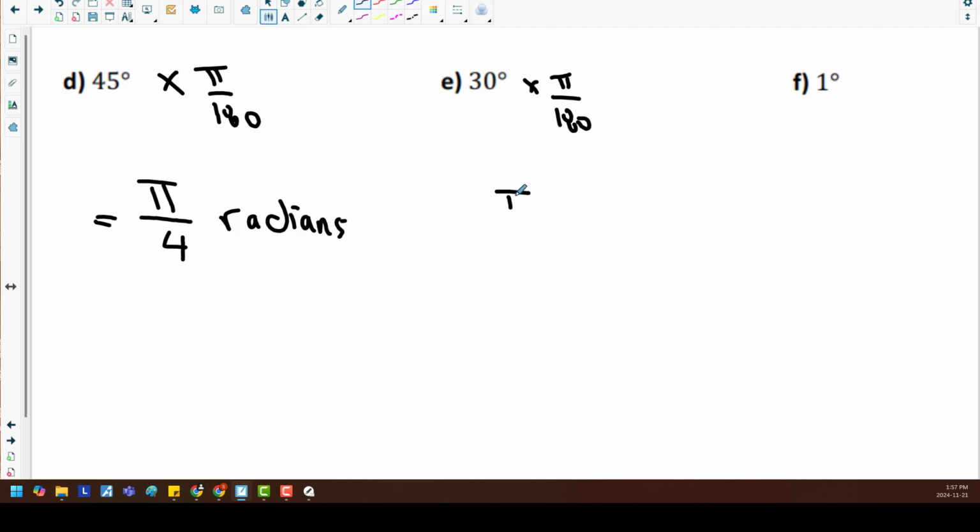And that is the same as pi over 6, I believe. Yeah, that sounds about right. Radians. And 1 degree is just pi over 180 radians, because we're multiplying by 1. Okay, so that's some examples of radians and degrees.